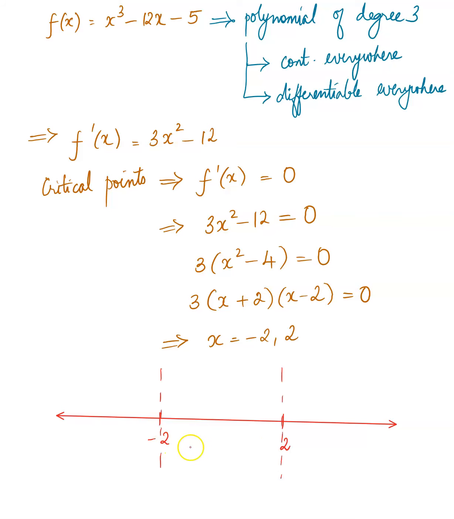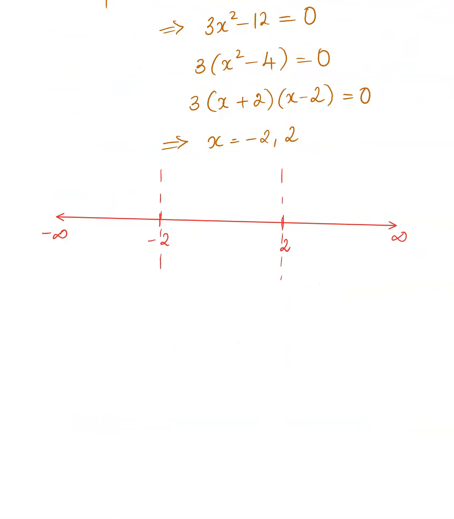Because at these 2 points, f prime of x is 0. So I need to know what's happening from -infinity to -2, what happens between these two, -2 to 2, and from 2 to infinity. Okay. So what I'd like to do is build some kind of a table here underneath.